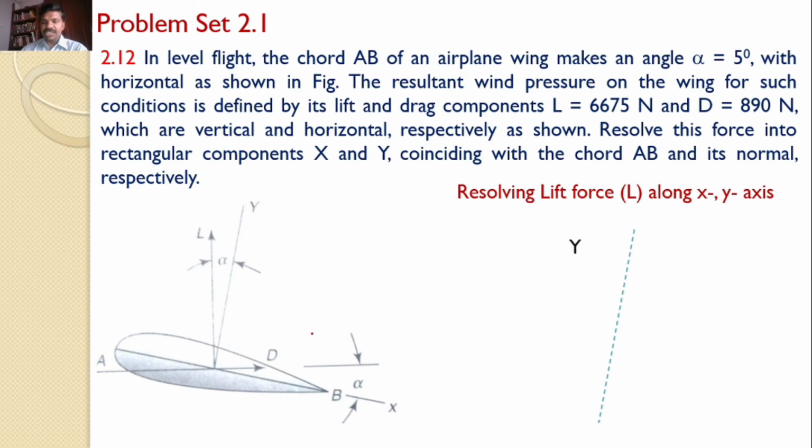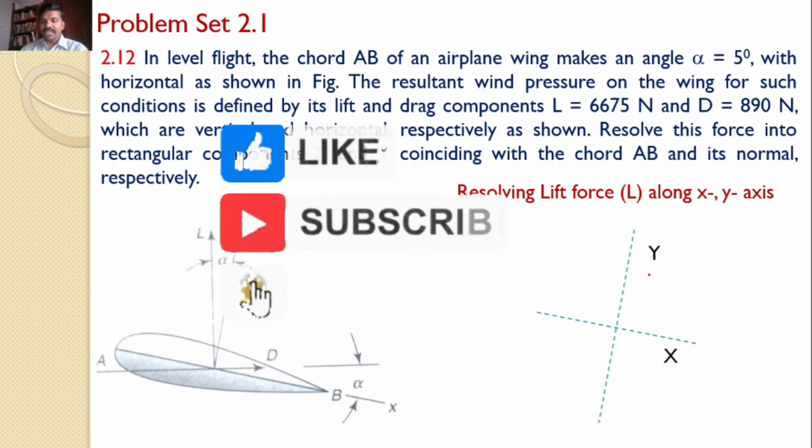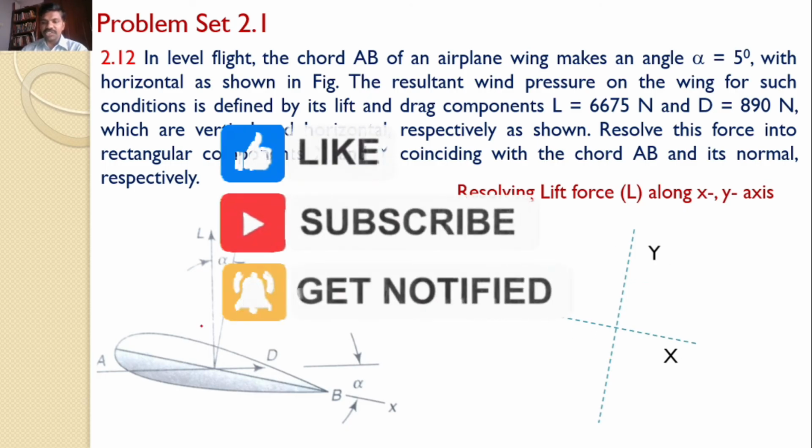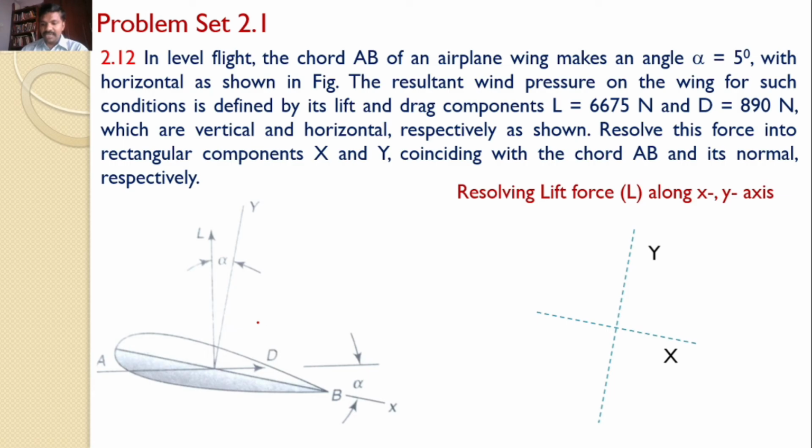This is my y-axis and this is my x-axis. I want to find the net force along x and y-axis. So first I am considering the L force. Given that the L force is vertical, it makes an angle alpha, which is 5 degrees, with the y-axis.